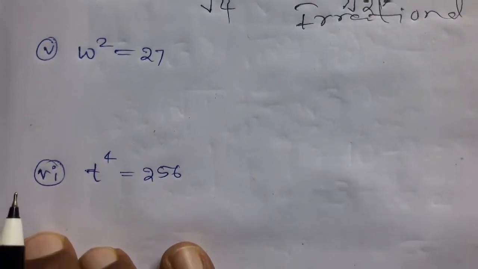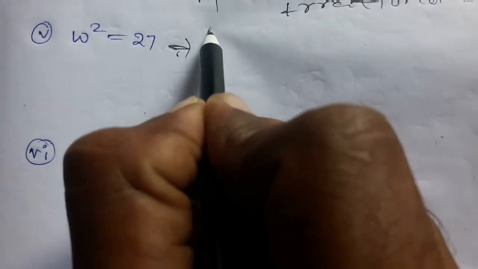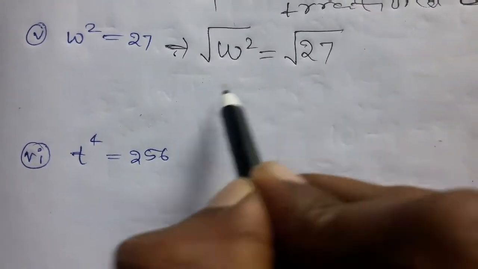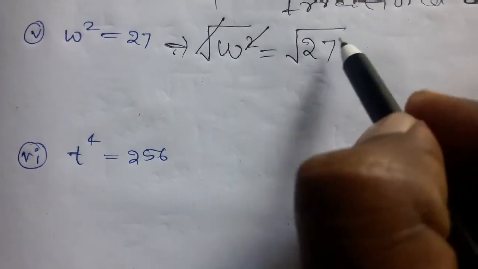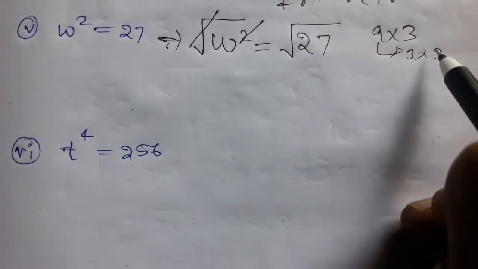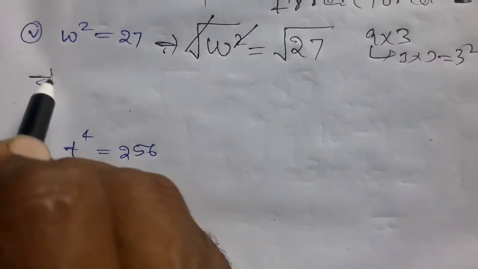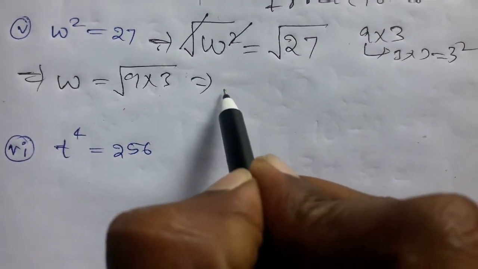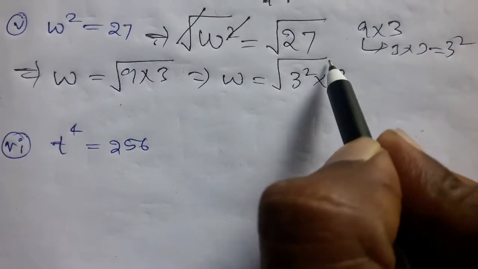Now move to next question. See fifth one. w square equals 27 is given. Apply square root on both sides. w equals square root of 27. See here, root and square cancel. Now 27 can be written as 9 into 3. 9 can once again be written as 3 into 3, that means 9 can be written as 3 square, isn't it? Now w equals under root of 9 into 3, that is w equals under root of 3 square into 3.